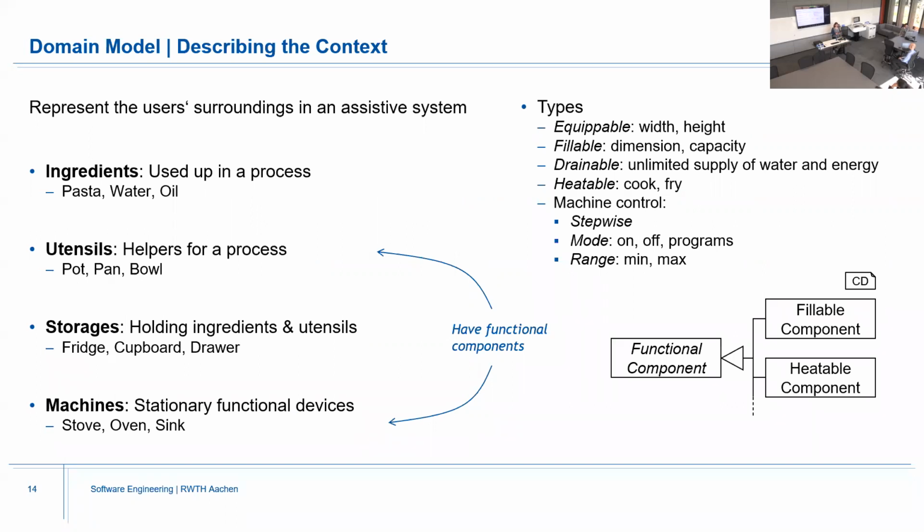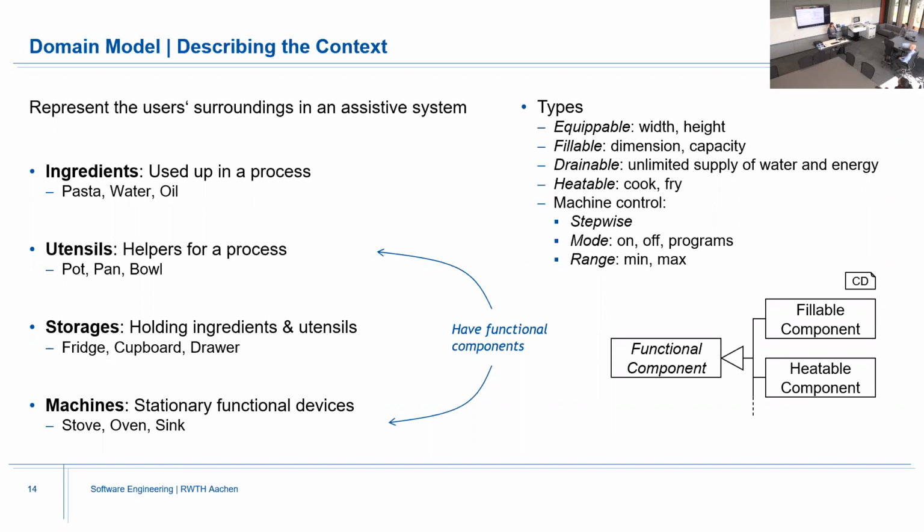You can have fillable objects, drainable objects. We had to add that for unlimited, more or less unlimited sources, like water or energy. For the cooking process, you also had steps like cooking or frying.